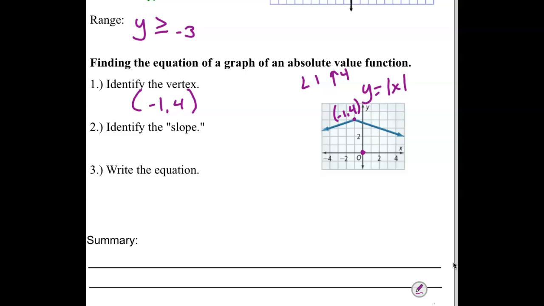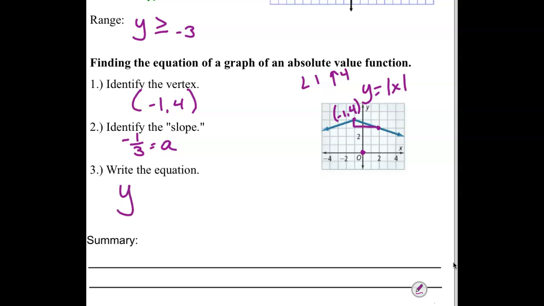Okay? On the slope, we're always identifying the slope on the right side. So let's find another point here that we can use. And if we look at our rise and run, we're moving down 1 and right 3. So our slope is negative 1/3. That's going to be our a value.